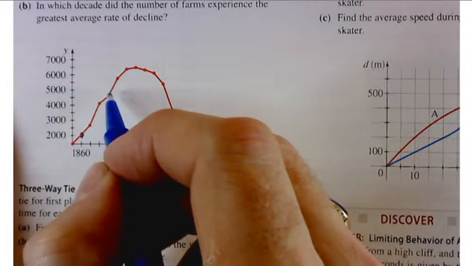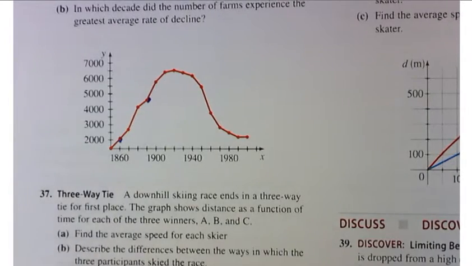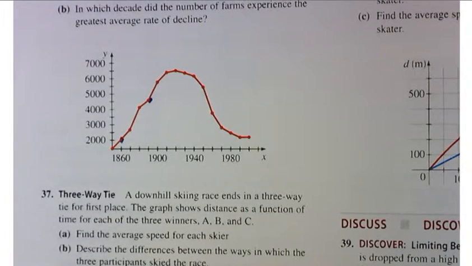Now let's call the year 1860 kind of year zero in this process, just to make our life a little bit easier. You don't have to.